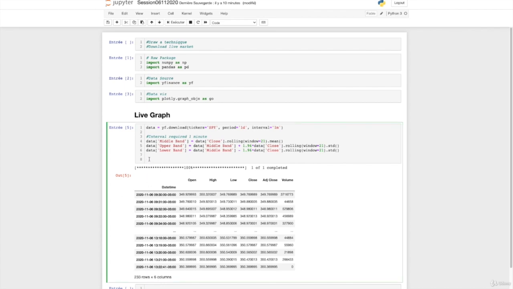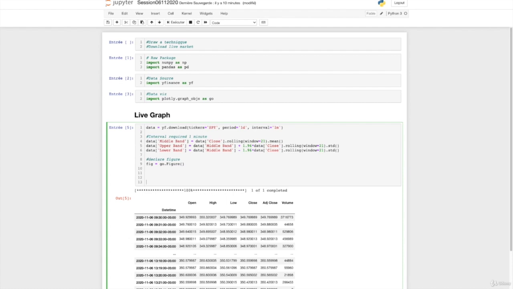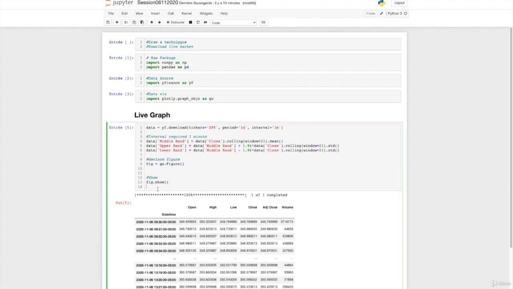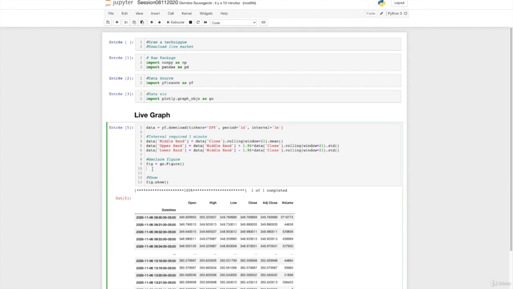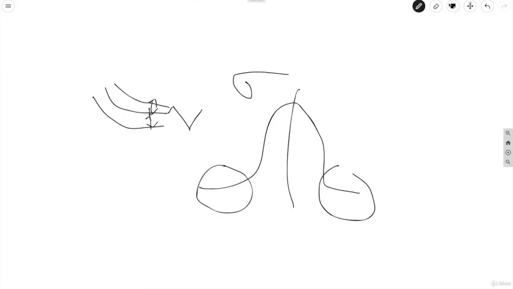And with Plotly, if you remember well, the first command to do and to set up is to declare your figure. The last one is going to be to show the figure, and in between you're going to have to set up essentially how we're going to set up our graph here.